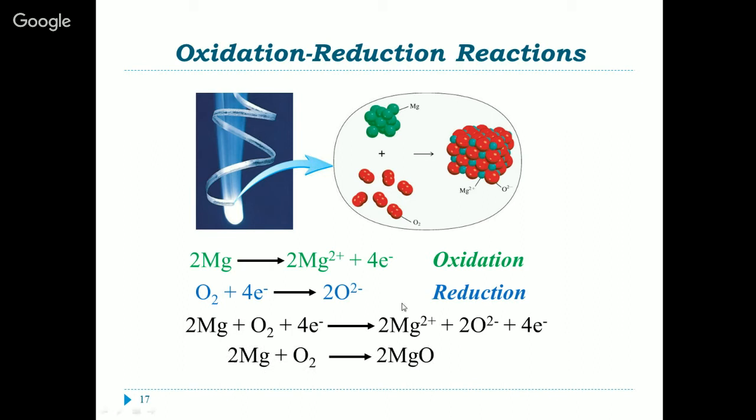And then I form my compound of magnesium oxide. I've got 2 magnesium ions with 2 oxygen ions coming together to form magnesium oxide. And we always want to make sure that our final equation is balanced, which it is: 2 Mgs, 2 Mgs, 2 Os, 2 Os.